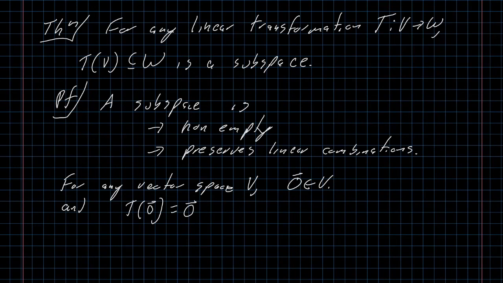And because linear transformations preserve linear combinations, it must be the case that the transformation acting on the zero vector produces the zero vector.